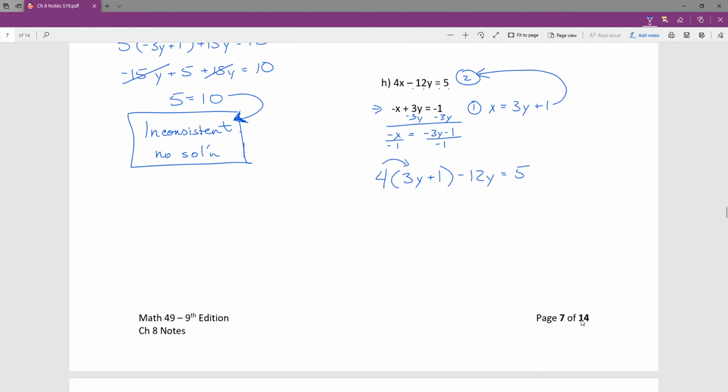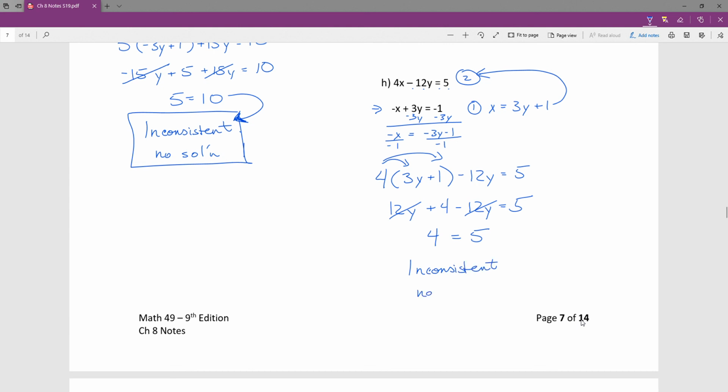I'd have a little distributive property going on here. I'd have a little like terms to collect, and where I'd get a 0. So I get 4 equaling 5. That is a line of garbage. That is nonsense. It's not true. And that is my evidence that this system is, again, inconsistent.